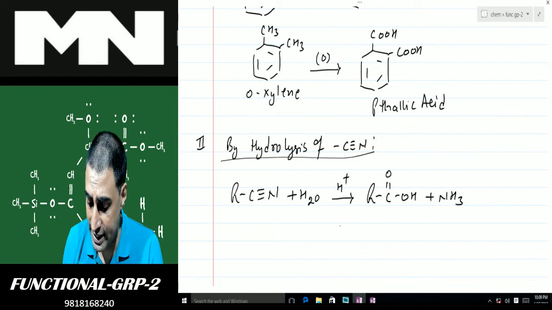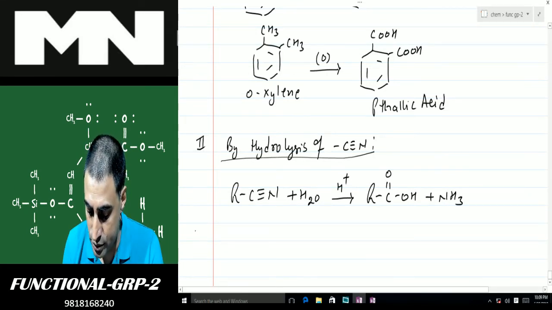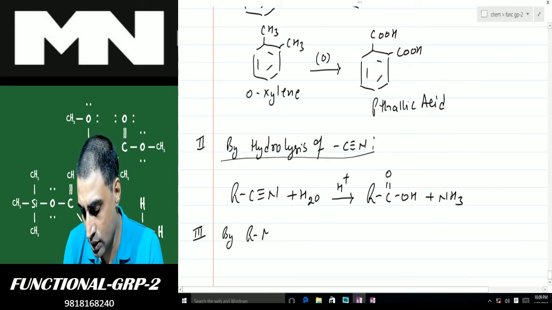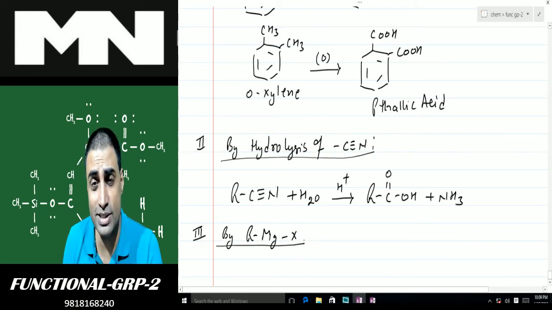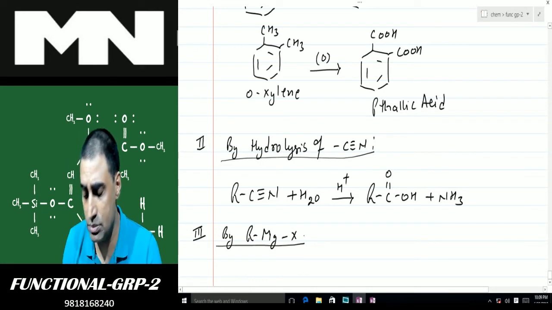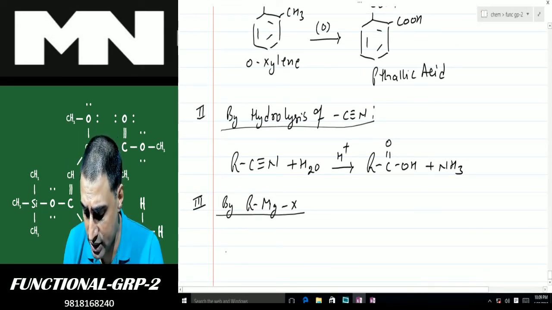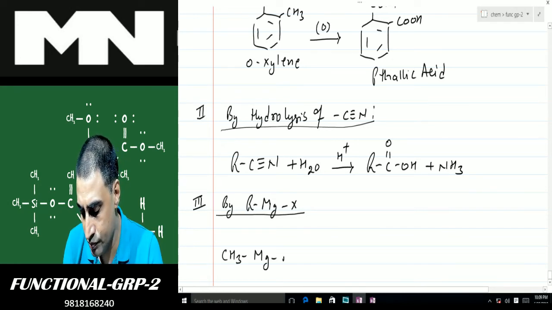We can use Grignard's reagent also, that is RMgX. This reaction is different. I am not reacting it with cyanide here. Now suppose I got methyl magnesium bromide.